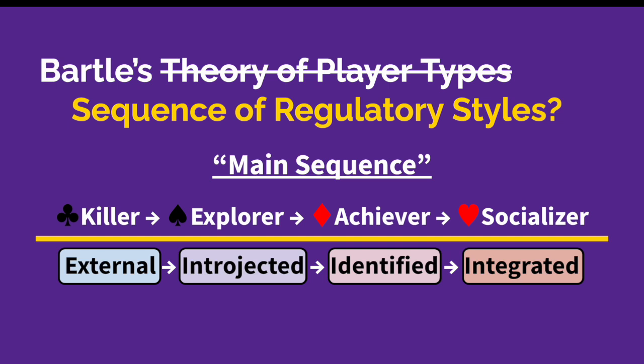And so the killer, I think, is an example of external regulation. Now, external regulation doesn't mean that you lack intrinsic motivations. That's never the case. We always are subject to both intrinsic and extrinsic motivations in all situations. What external regulation means, though, is that they're not synced up with each other.